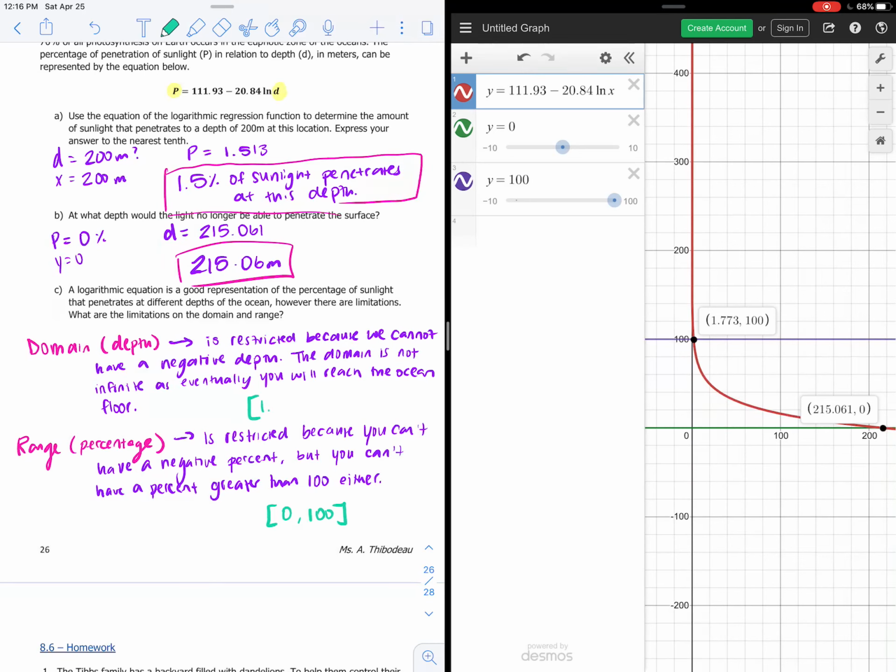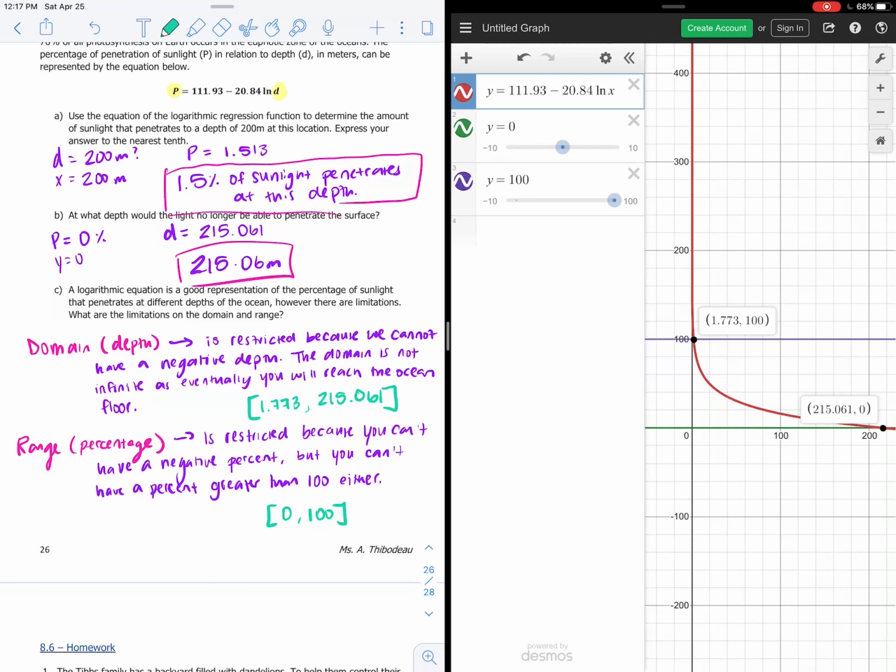So our smallest domain is going to be 1.773, and our largest domain is going to be 215.061. Okay. The question did not ask for us to tell the domain and the range of this particular example, but I just wanted to show you that if we can see the restrictions on one of our domain or our range, and those restrictions are pretty clear and concise, they're not saying, well, it can't be forever, but it could be for a long period of time, right?